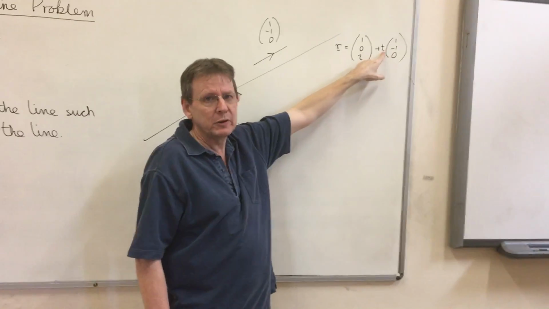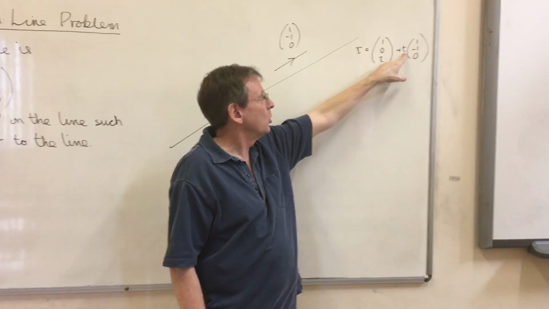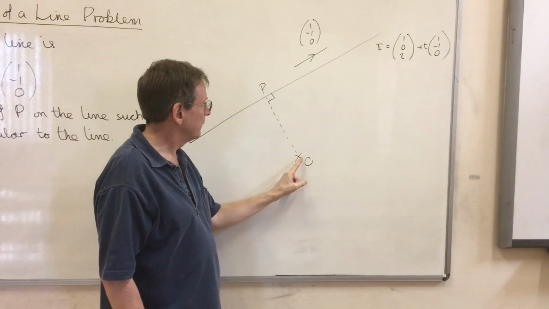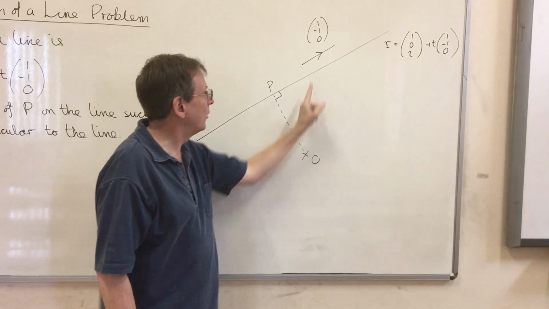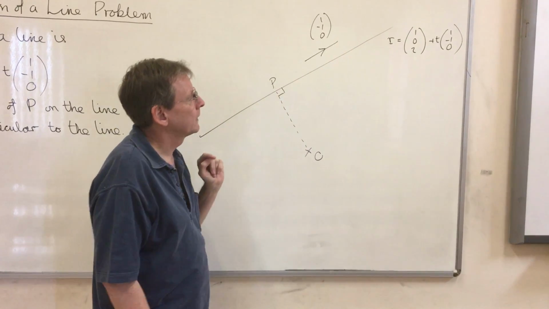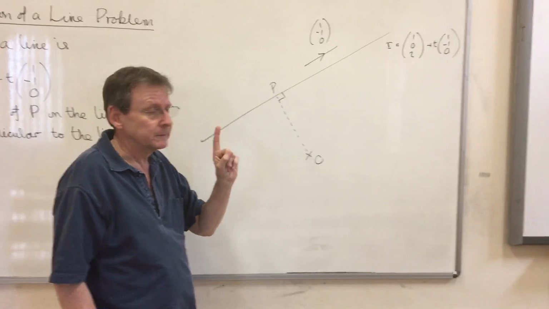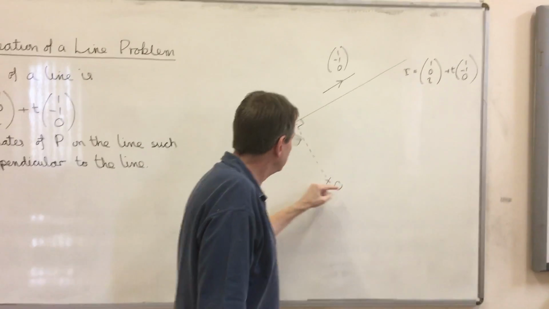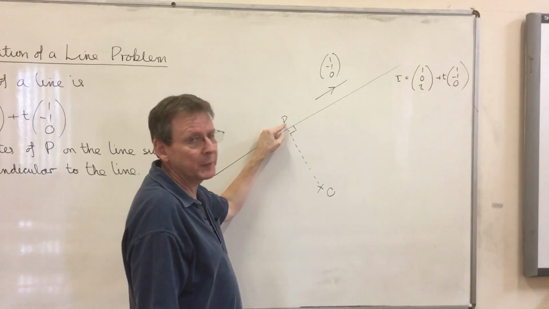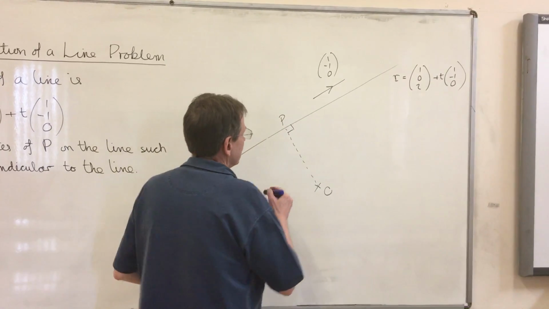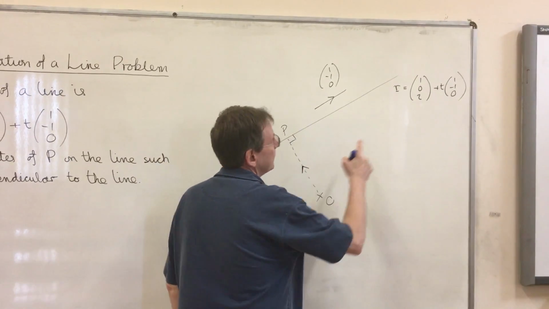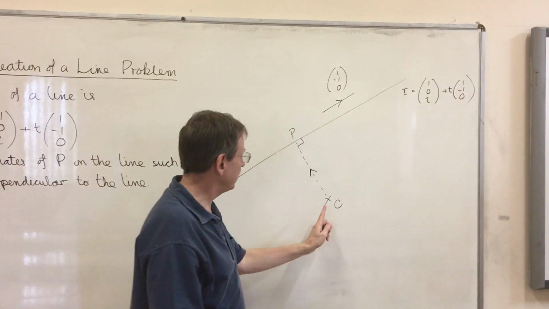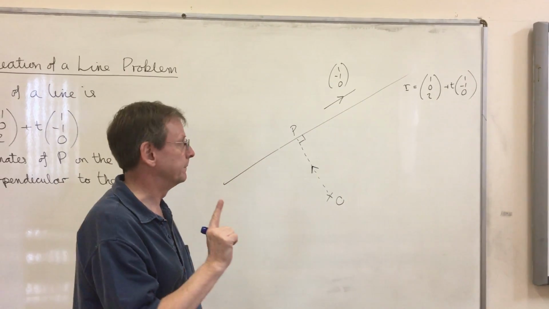Any real number that you care to put in there will generate a vector from the origin to somewhere on the line. Okay? So in particular, there must be a value of t that will generate the vector from the origin to P. So let's say that the value of t that gives that vector is t1.